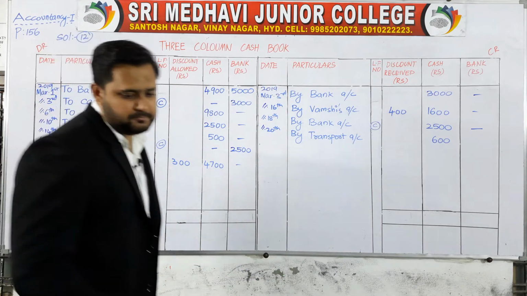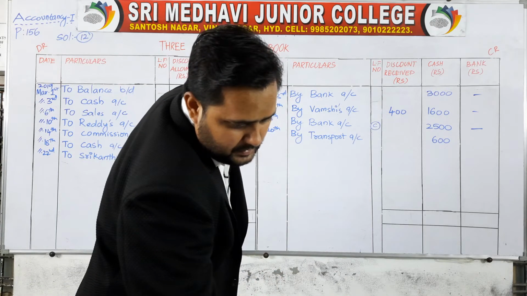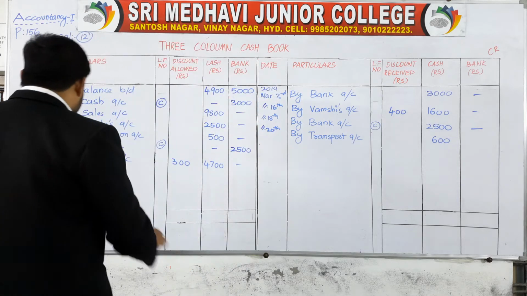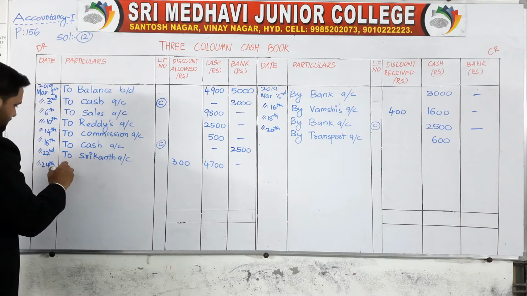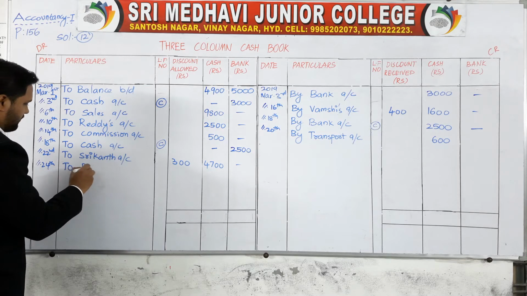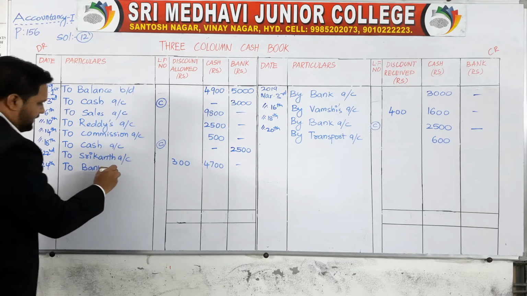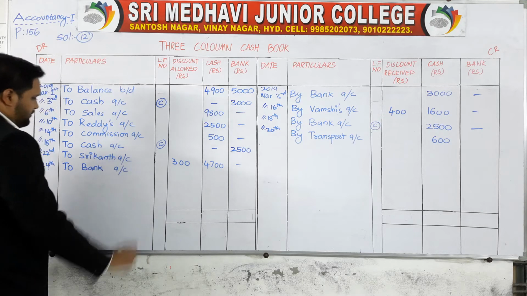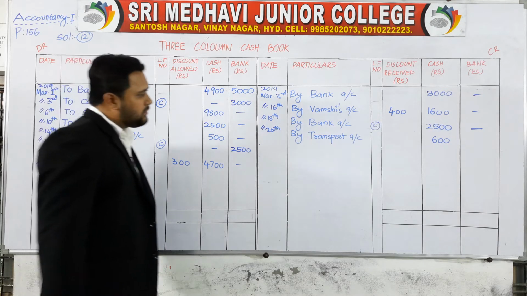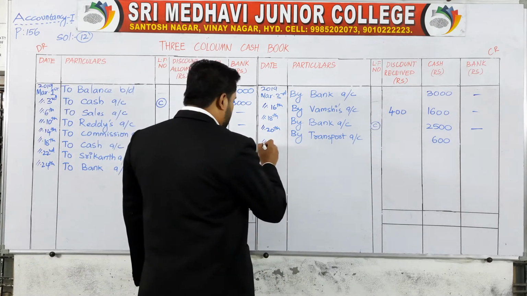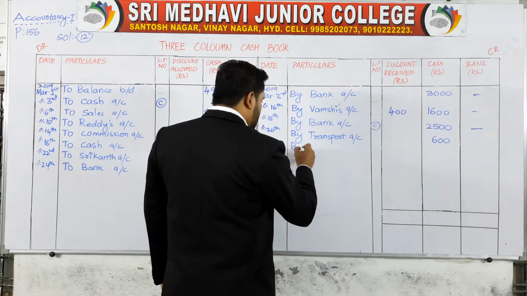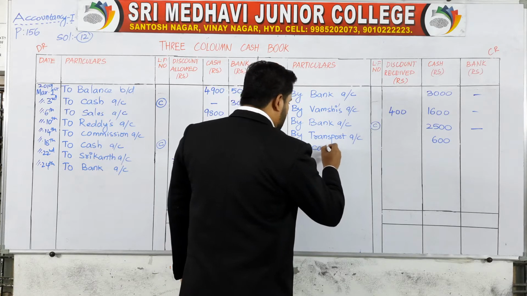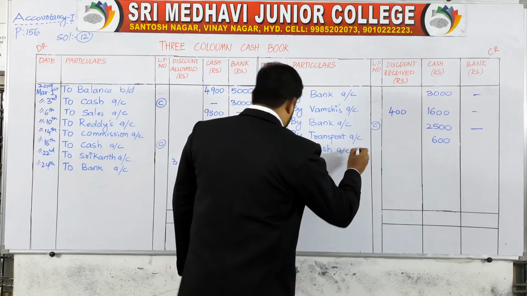What is the date? 24th. To bank account, here date 24th, by, simultaneously you have to write it, contra entry, by cash account.